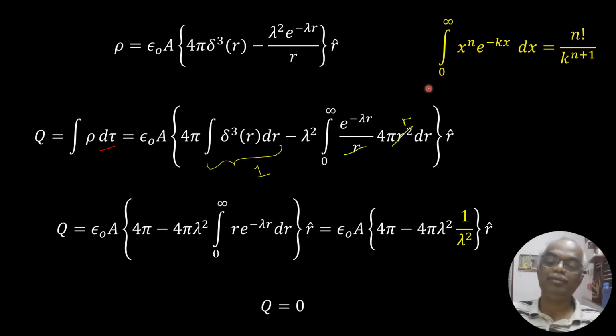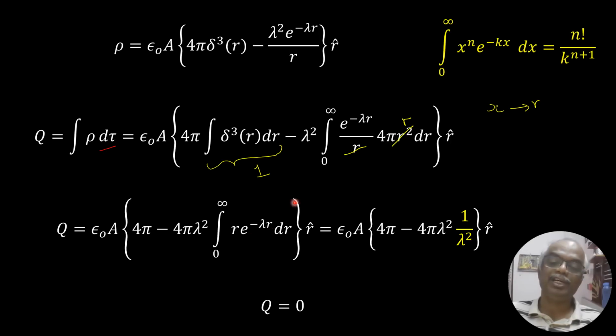That is, integral between 0 to infinity x power n e power minus kx dx is equal to n factorial over k power n plus 1. So now you see here x is replaced by r in our case.